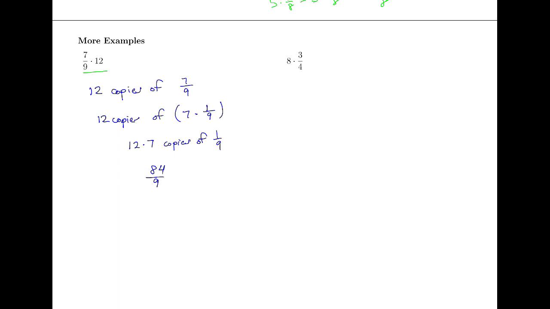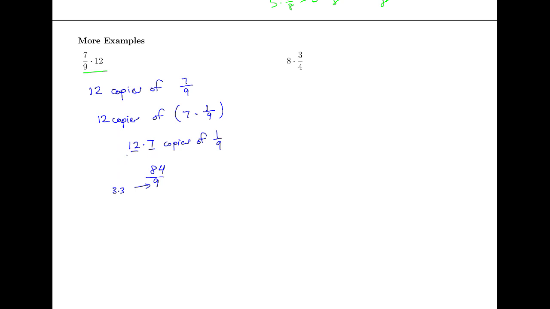And of course we want to be able to reduce this, so I see 9 is only made up of 3s. So we only need to see if 84 is divisible by 3 in order to reduce it. And of course, 84 we built up from 12 times 7. And we know there's a 3 in here.